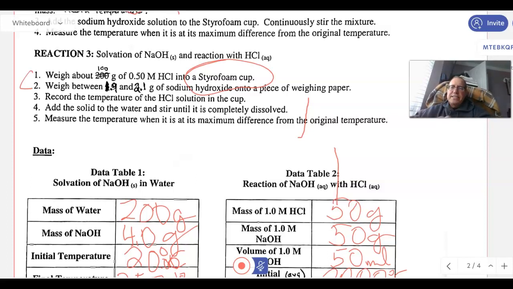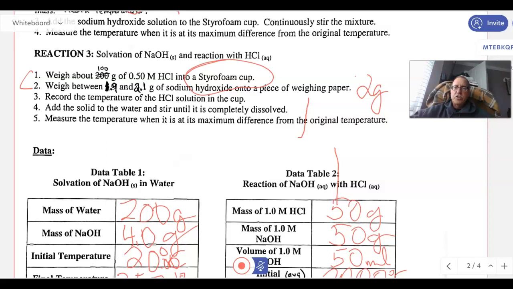All right, and that says 1.9 to 2.1 grams of sodium hydroxide for number 2. Let's just use 2 grams. Then we'll do 100 grams of 0.50 molar HCl into a styrofoam cup.